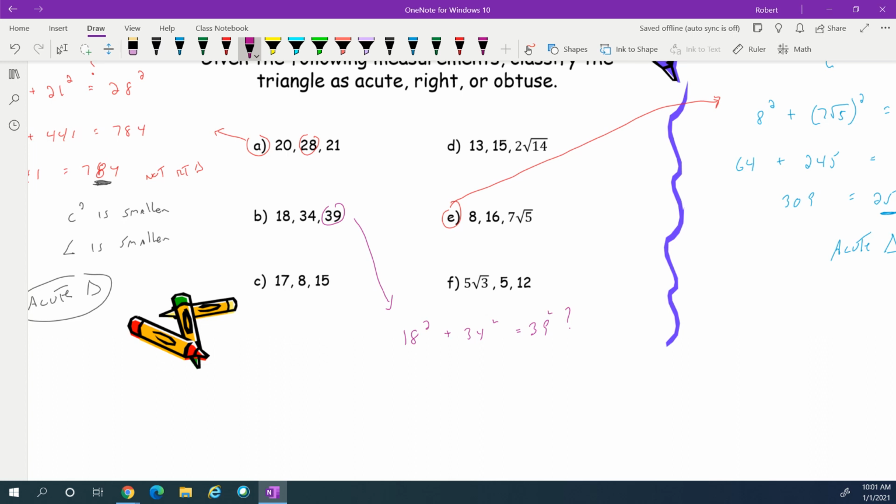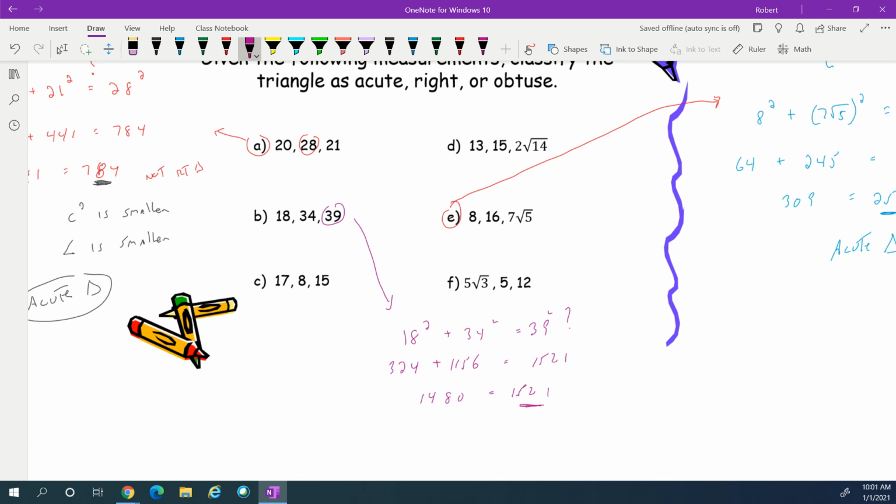So 18 squared, 324, 34 squared, 1156, and 39 squared, 1521. So let's see, maybe this one will work out to be obtuse, just so we can see an example of it. 1480, 1521. Good.